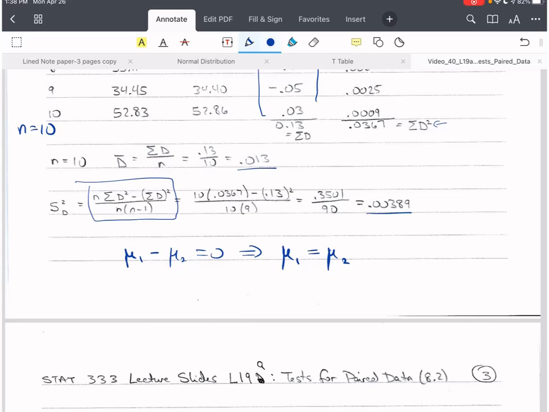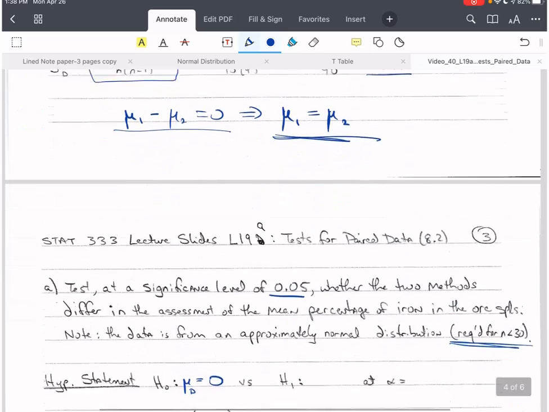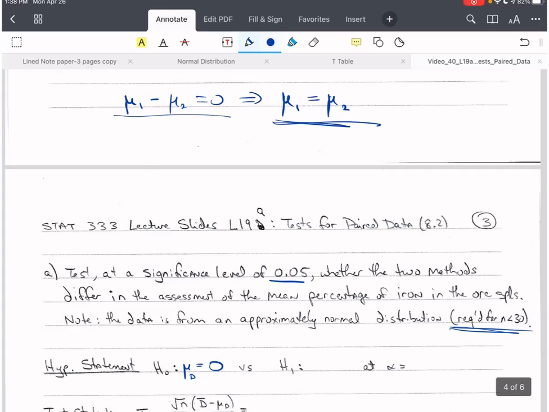Same thing. Different ways of writing the same thing. So if there's no difference, if these are the same, the measurement method is the same, then the difference is going to be 0, and that difference is mu sub d. Versus, let's see, we're going to say mu sub d is not equal to 0, alpha equals 0.05.